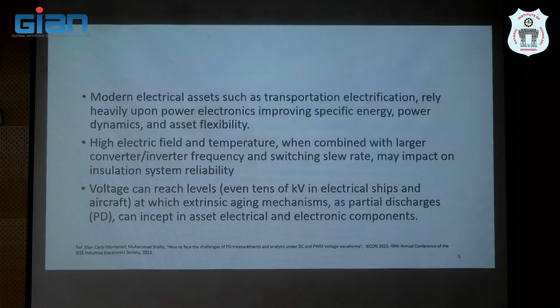Voltage can reach higher levels, in kilovolts, especially in applications like electrical ships and aircraft. This causes stress behavior in the insulation and aging mechanisms.